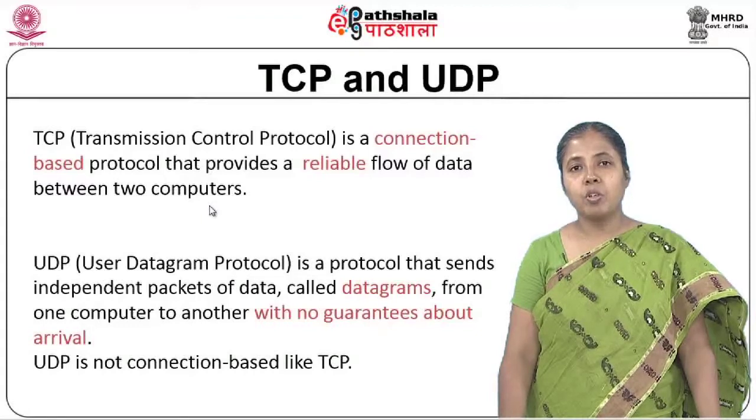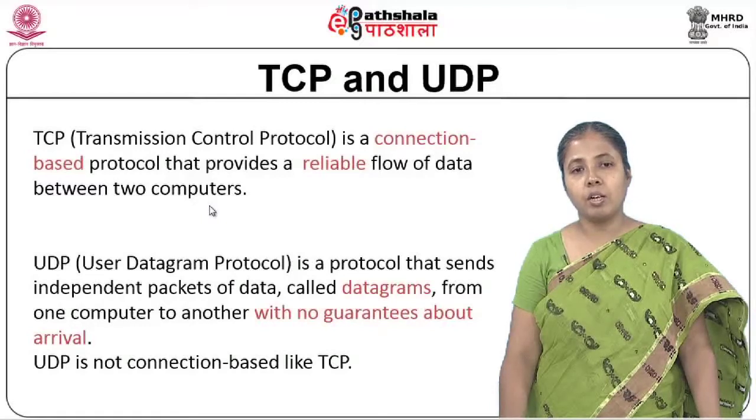Whereas UDP, the User Datagram Protocol, normally sends data as independent packets of data, called datagrams, from one computer to another, but there is no guarantee that the data has arrived at the other end.